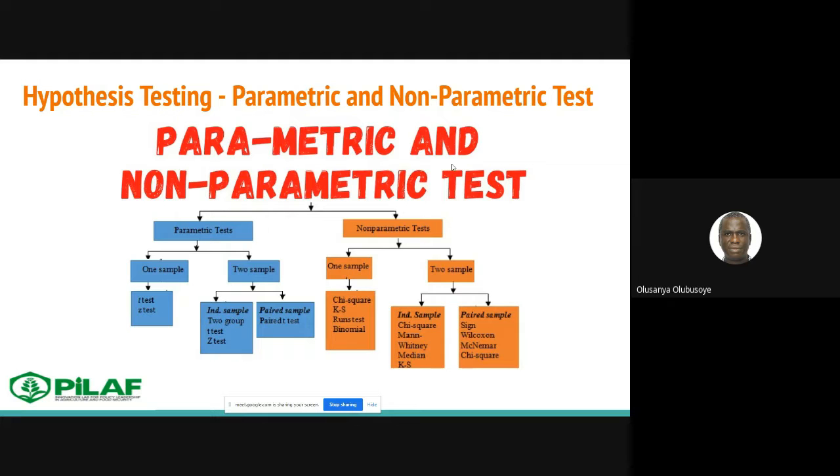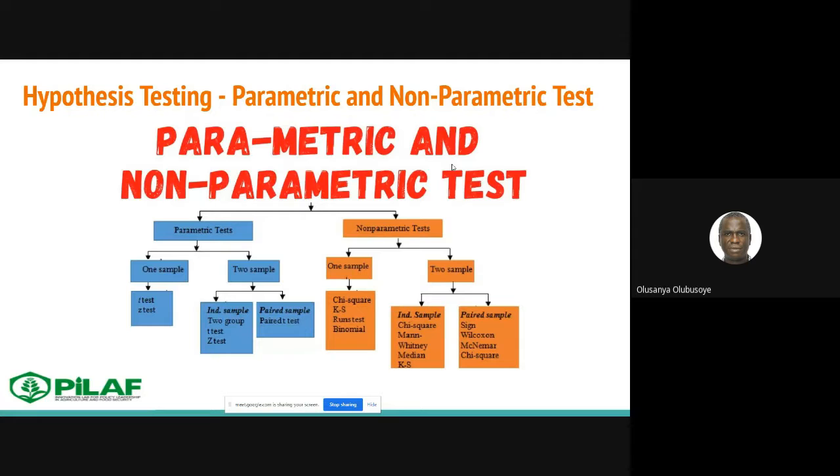In essence, 2 cases are possible: the case where the groups are independent of one another, and the case where the 2 groups are dependent.